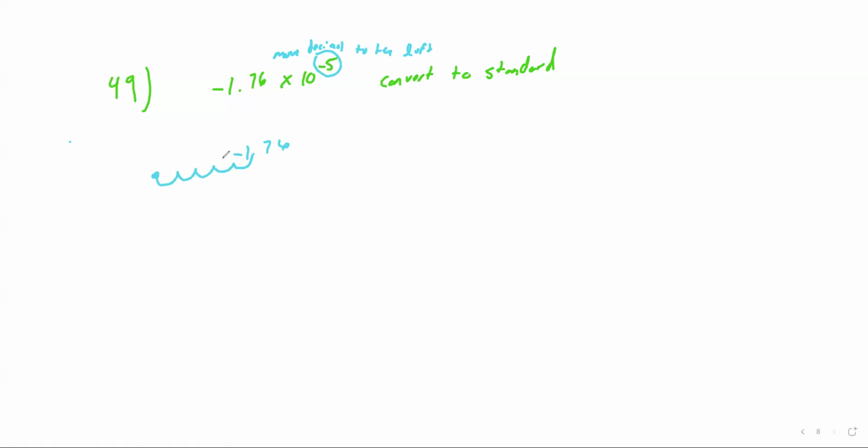For the placeholders, I'll just put zeros. Obviously, we can't have a negative in the middle, so the negative will be carried to the beginning. So this will be negative 0.00000176. And that's your standard form.